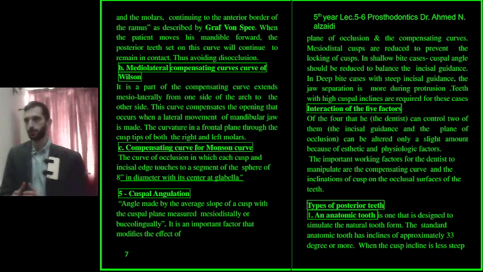Interaction of the 5 factors. Of the 4 that the dentists can control, 2 of them, the incisal guidance and the plane of occlusion, can be altered only a slight amount because of aesthetic and physiologic factors.